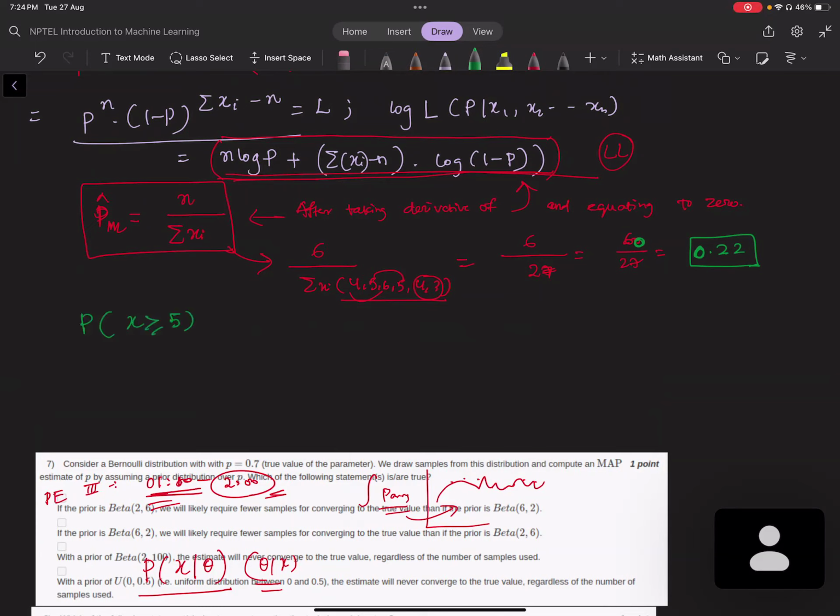Did someone write anything? No. So if we find P x greater than or equal to 5, there will be i equals 5 to plus infinity, 1 minus p to the power i minus 1, p, which is equal to 1 minus p to the power 4.